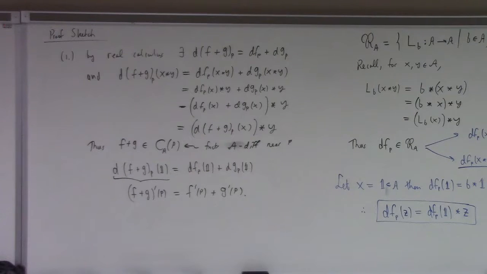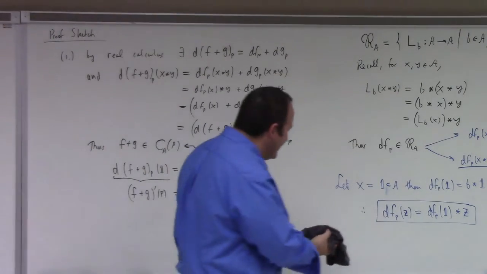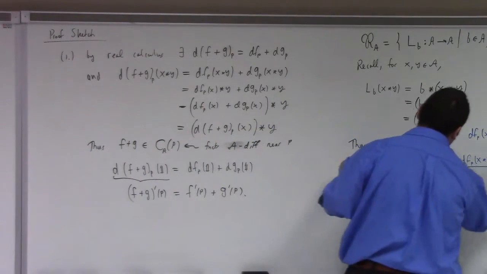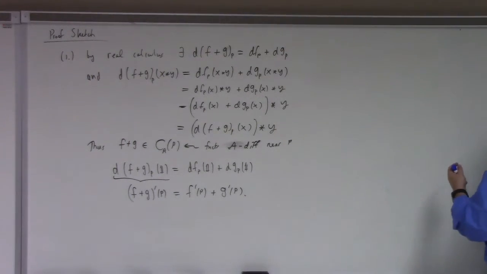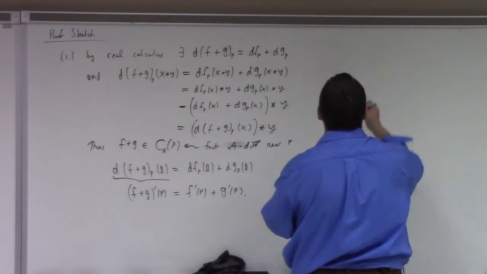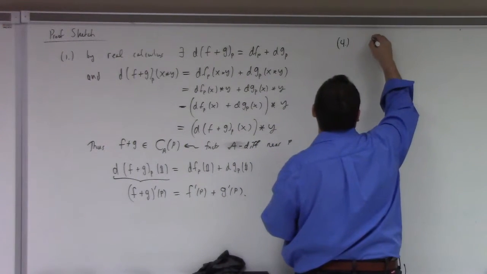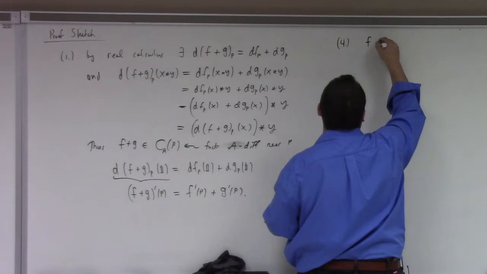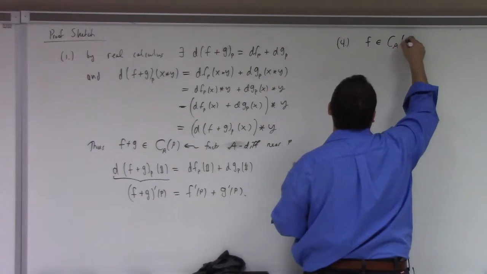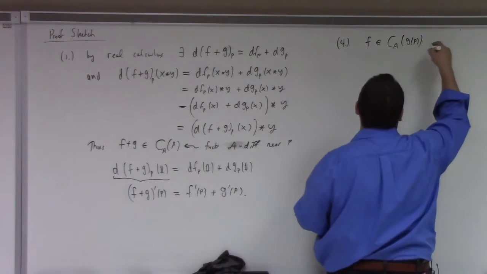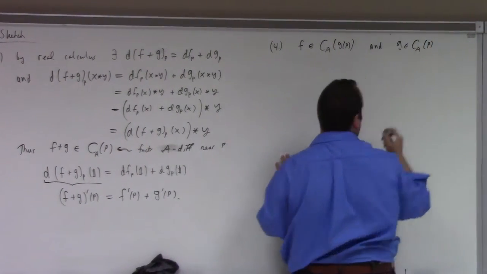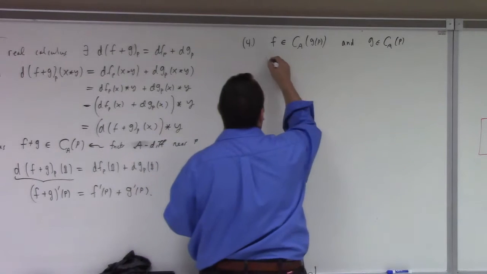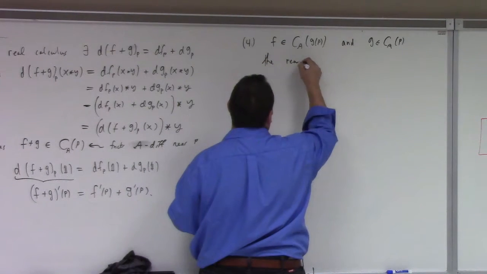So there you go, sum rule. Let's look at the chain rule because it's not too bad. And it might actually be instructive. So the chain rule, we're supposing that F is A-differentiable near G of P, and we need that G is A-differentiable near P. For this to make sense, then by real calculus, what's real calculus say?